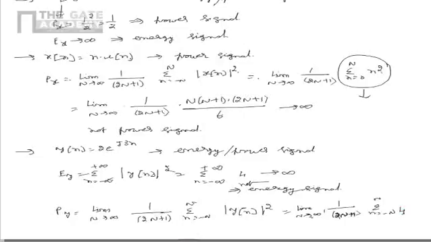We see in this case the value of Py finally upon simplifying is finite, because this final value is equal to 4. So the value of Py is finite, that is 0 less than Py less than infinity. From this we see that the given signal is power signal. Therefore the given signal y of n is equal to 2 into e power j 3n is not energy signal and it is power signal.